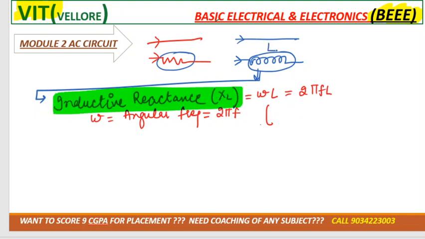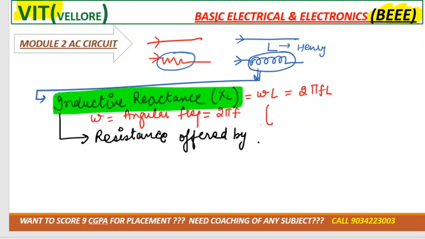That was the unit for L. L's unit is henry, right? Now I'm asking about the inductive reactance. The definition of inductive reactance is that it's a kind of resistance offered by the inductor, correct? So according to you, what should be the unit of XL? It's resistance only. Yes, its unit is ohms. Clear?